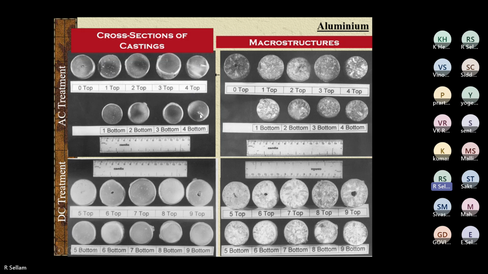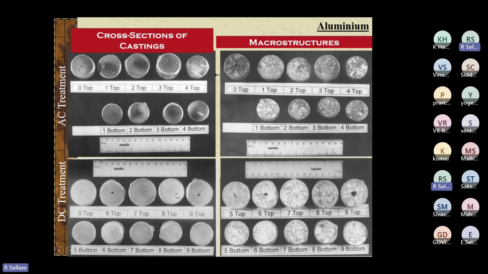These are the thermocouple sheath inserted during solidification. And the microstructure shows refinement, columnar structure broken, then fully equiaxed, and again the columnar structure coming back.